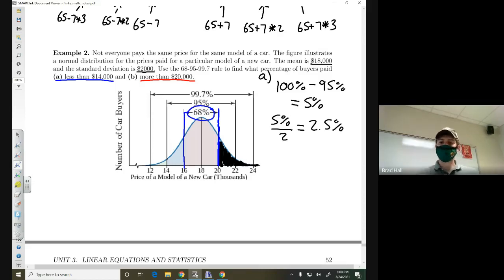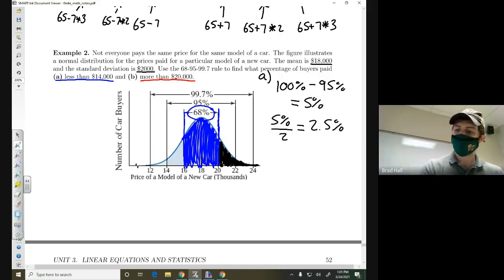So the 68% is referring to this little region right here. So this is 68% of the data. But we don't care for the in-between part of the data. We want what's on the outside, because that's where our black region is at. So we don't want the 68%, we want everything else.